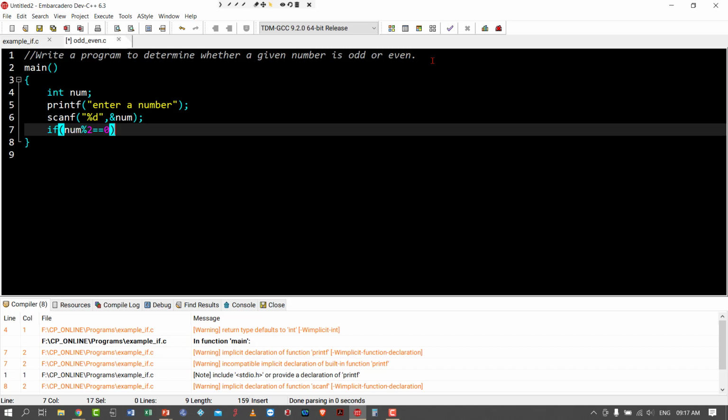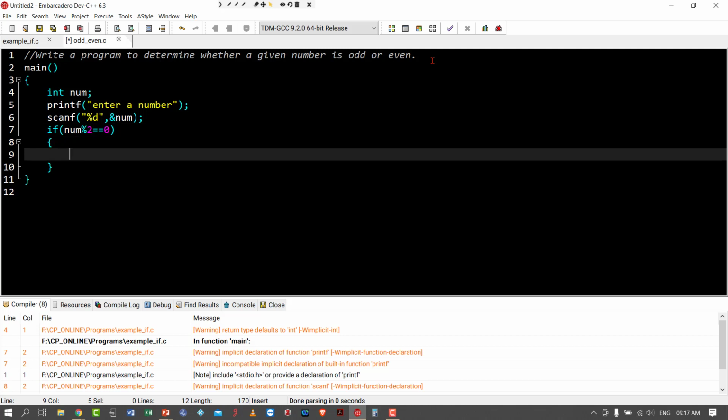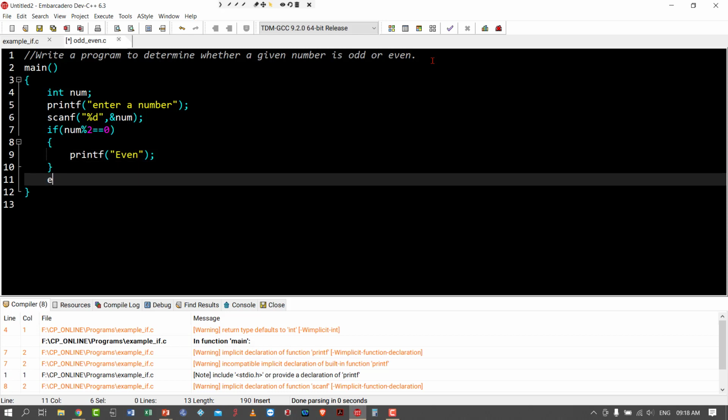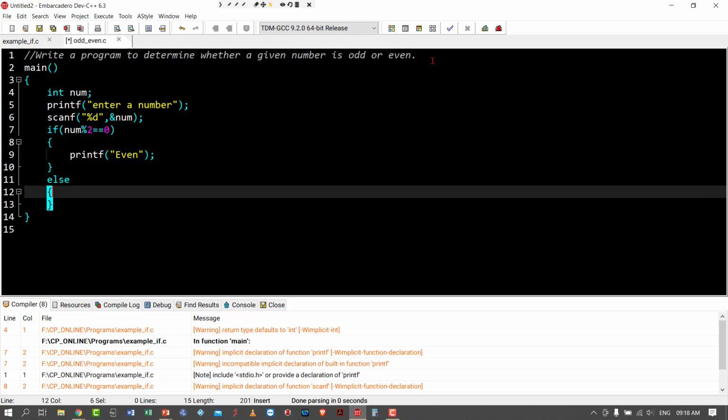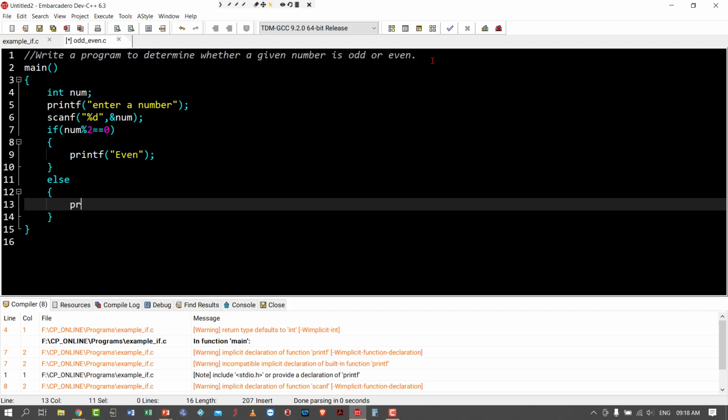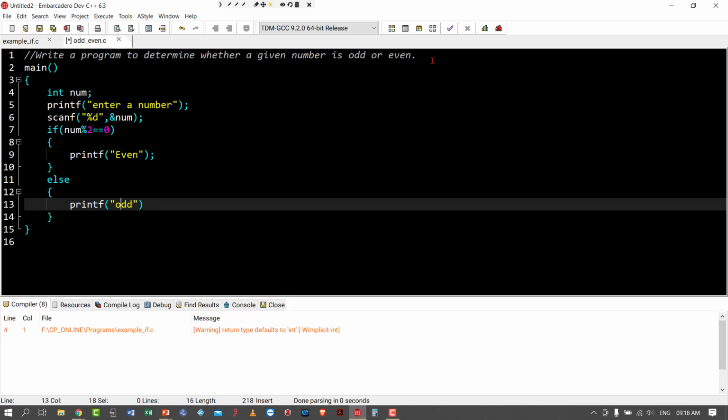Equal to 0, then printf even, then a semicolon, else printf odd.